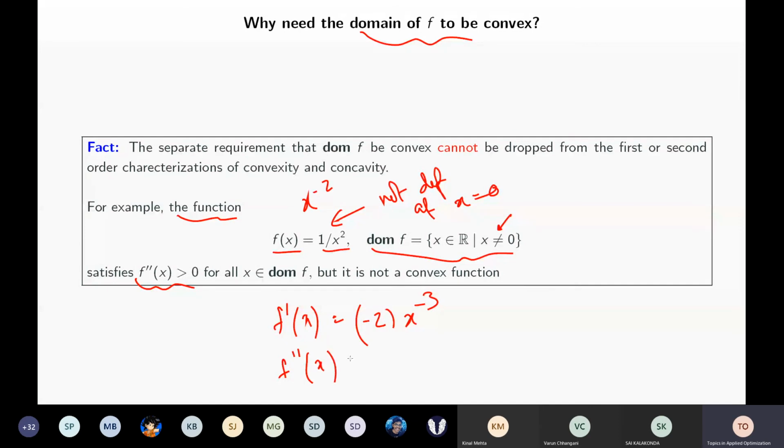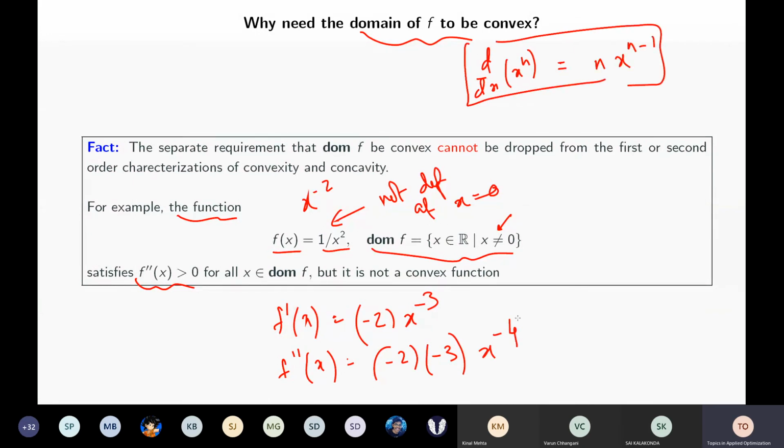So f double prime will be minus 2 times minus 3 times x to the minus 4. The formula for taking the derivative of x to the n is d by dx of x to the n equals n x to the n minus 1.